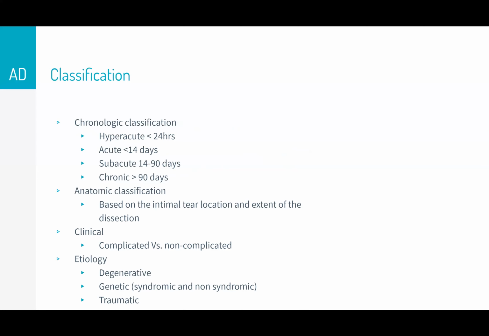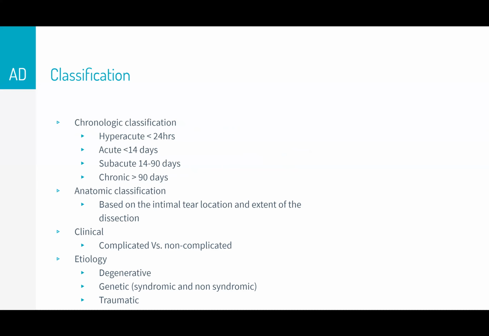For the classification of aortic dissection, I like to think of it as 4 types of classification. We have the chronologic classification, meaning since the time of presentation, and we have the hyperacute presentation, which is since onset of symptoms.